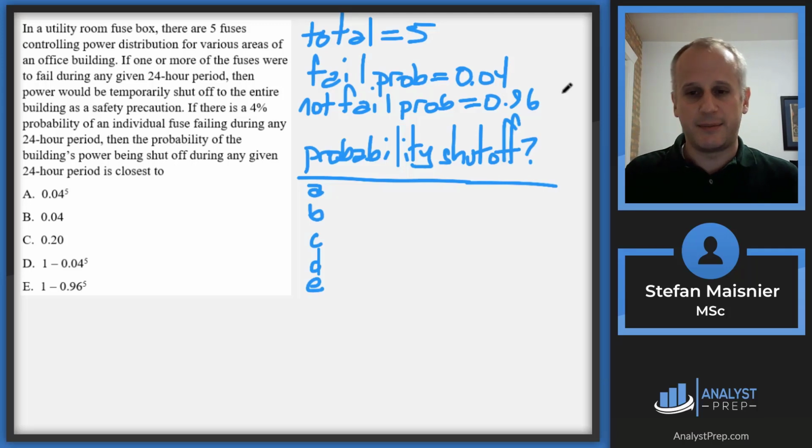So we set it up and we know that, of course, 0.04 plus 0.96 is going to be 1, and it's a dichotomous option that you either fail or you don't. So that's how we know that the not-fail probability has to be 0.96.